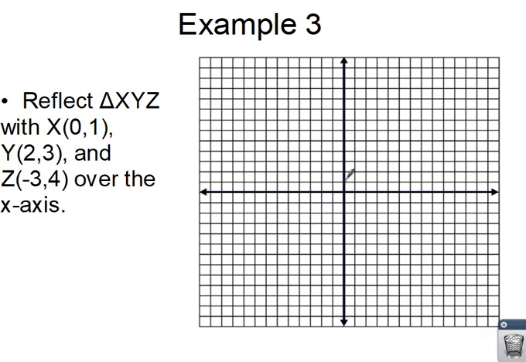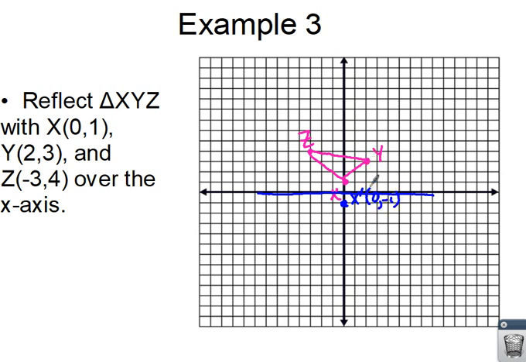All right, so let's put this triangle on the graph. Here's X, Y, and then Z. I think you've done this one before. All right, and it says to flip it over the x-axis. Well, the x-axis goes horizontally. So we're going to flip everything down. So X prime is right here at 0, negative 1.